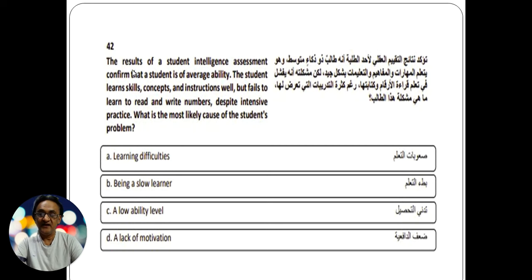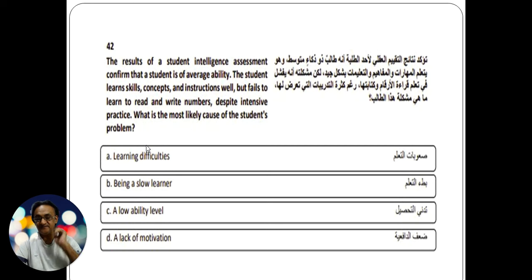Now the second question is talking about how the results of a student's intelligence assessment confirm that the student is of average ability. The student learns skills, concepts and instruction well, but fails to learn to read and write, despite intensive practice. Now what is the most likely cause of the student's problem?